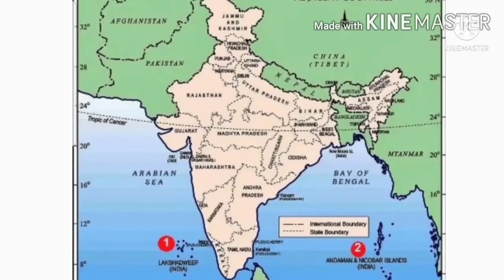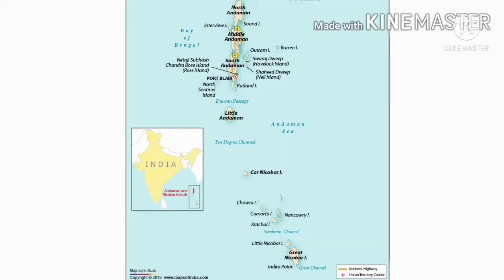Answer, Kavaratti. Next one, Andaman Nicobar Islands. Dear students, now you see the elongated chain of islands located in the Bay of Bengal, extending from north to south. These are Andaman and Nicobar Islands.